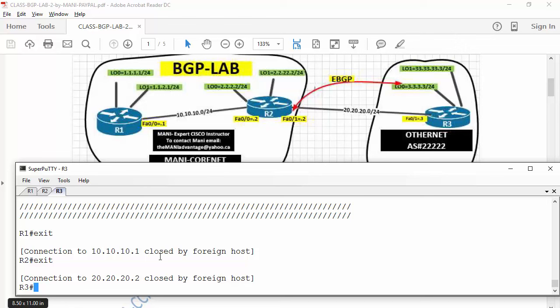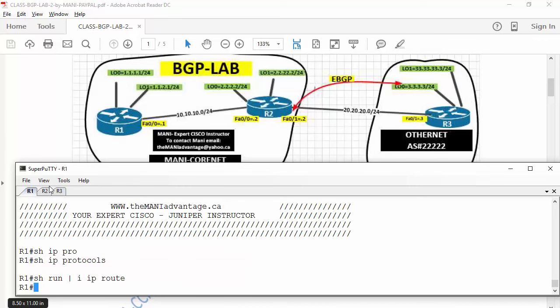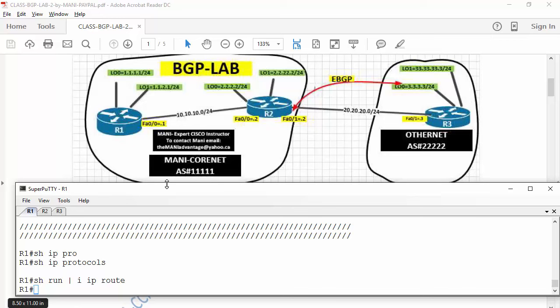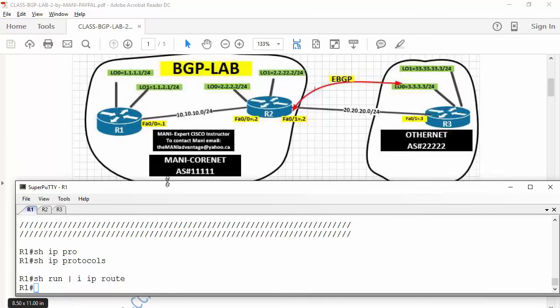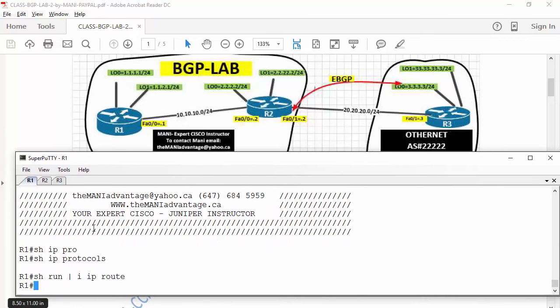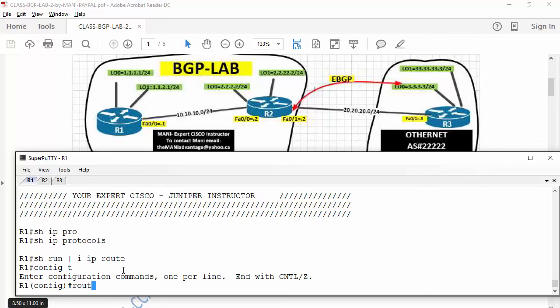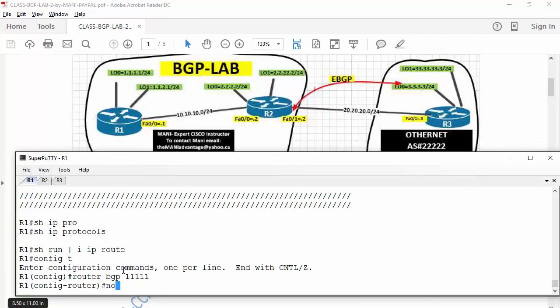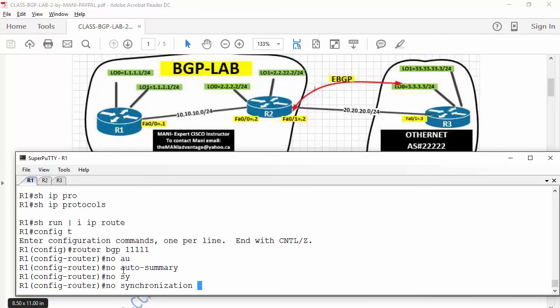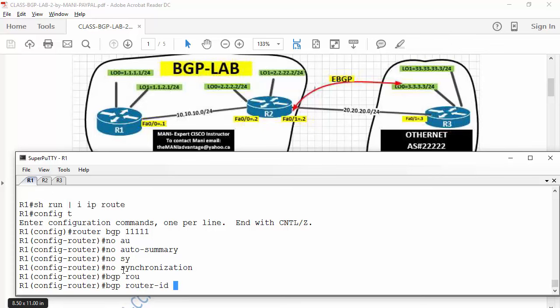So let's configure router 1, 2, 3 as normal BGP. We know how to configure. I'm going to move this one up. We know MANICONET is 11111, other net is 22222. So let's keep it that way and configure it, guys. So config t, router BGP 11111. No auto summary, no synchronization, BGP router ID as a good practice.